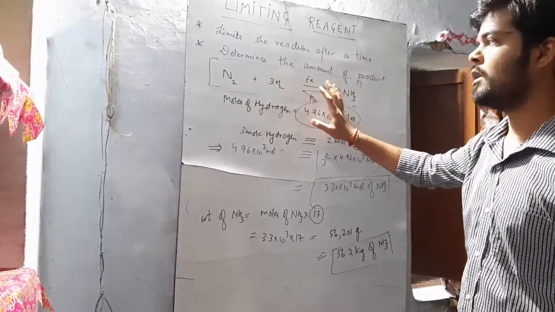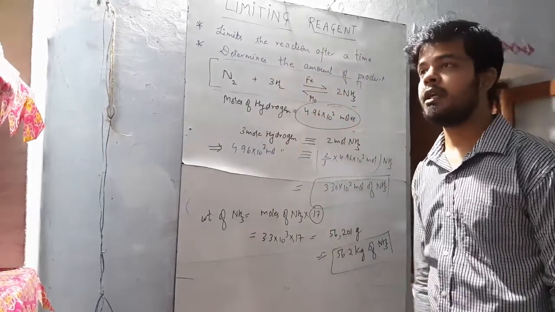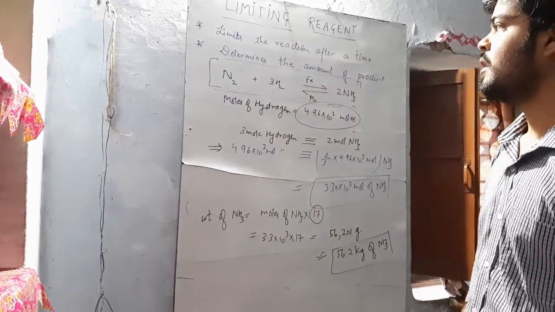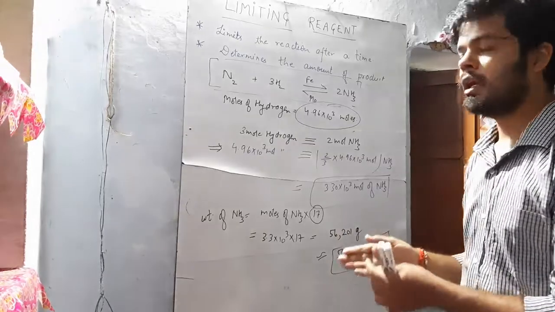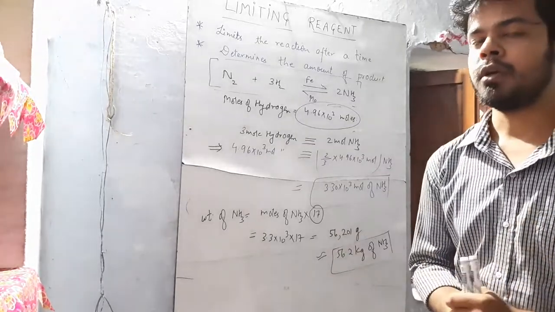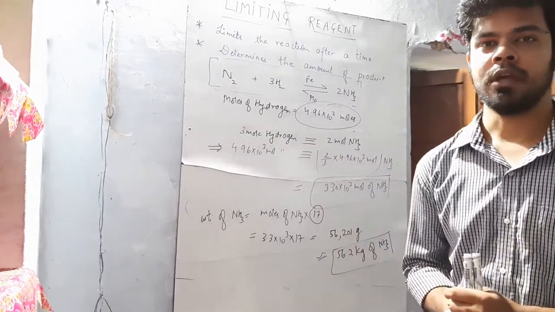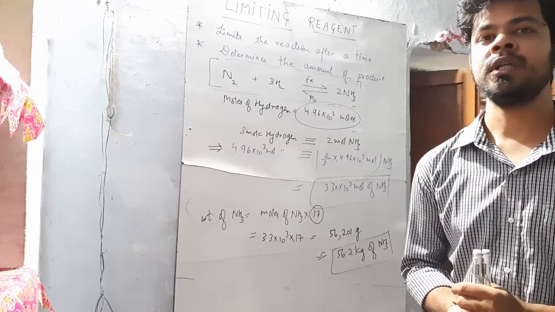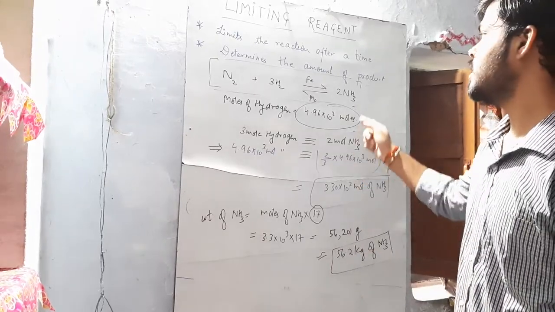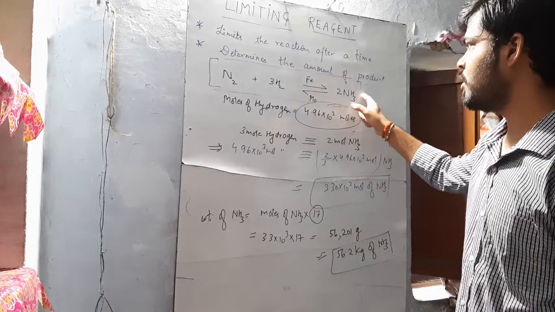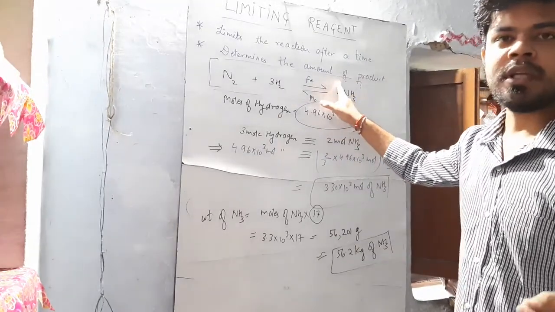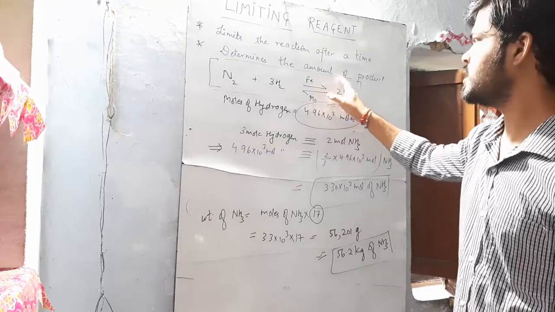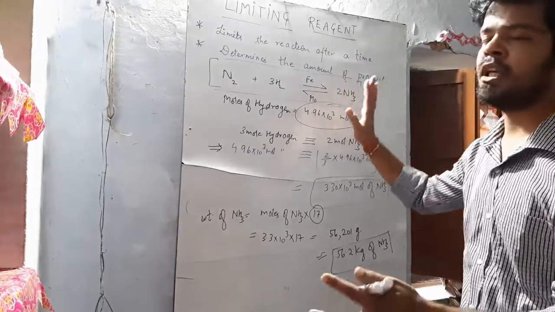And now for the identification of the limiting reagent, we have to calculate the availability of the reactant and the actual requirement of the reactant according to the balanced chemical equation. After identification of the limiting reagent, we decide the amount of product formed according to the availability of the limiting reagent. Clear? So this is the whole scenario of the limiting reagent.